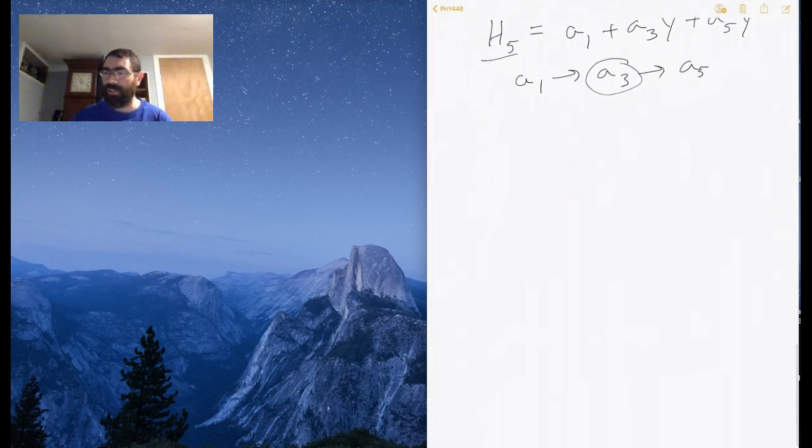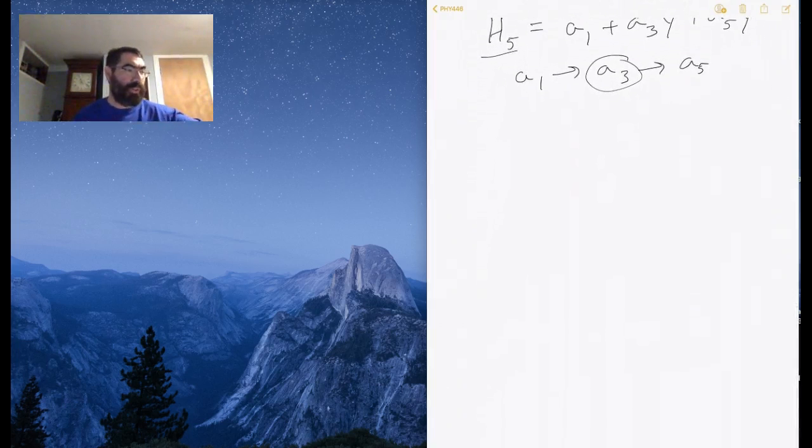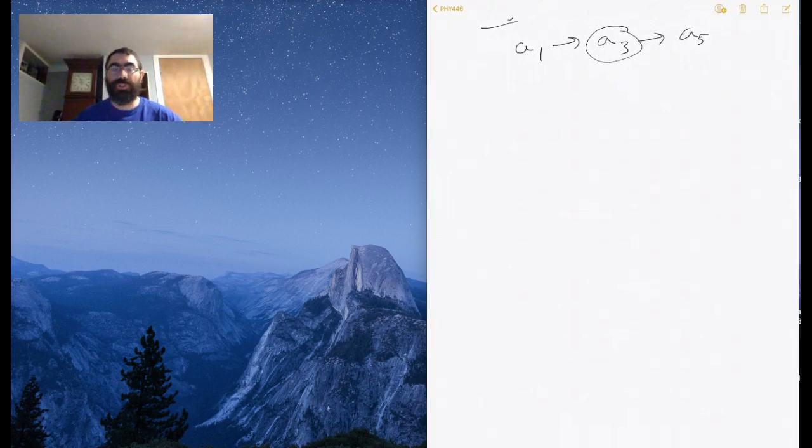So anyway, in the end, we could work these out, and a standard which is usually set in quantum mechanics is to set a sub 0 equal to 1 and a sub 1 equal to 2.